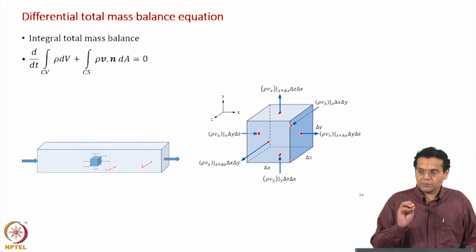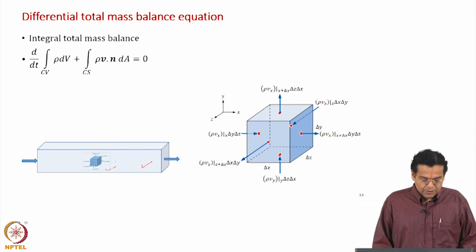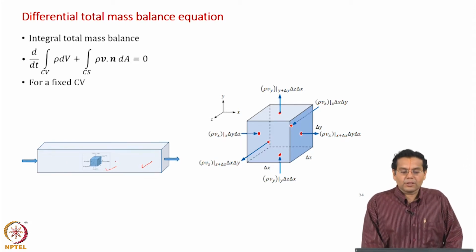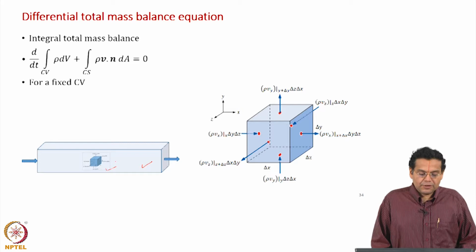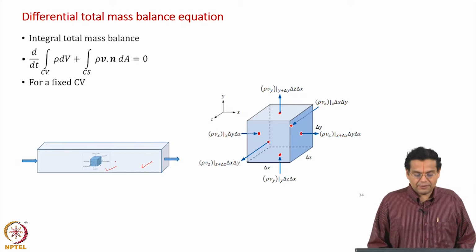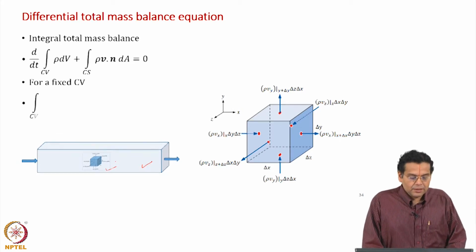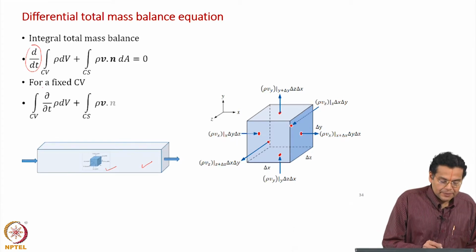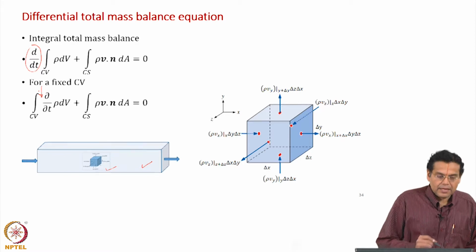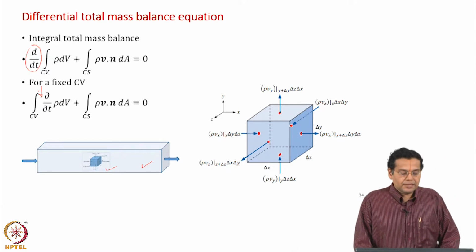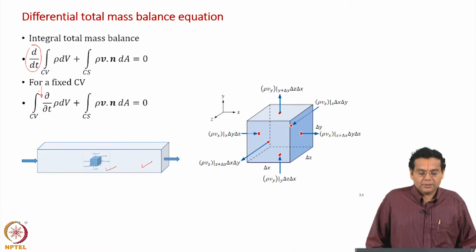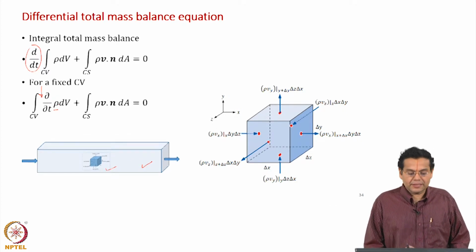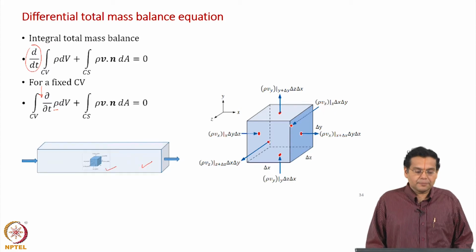Okay. So it is a small fixed control volume. So let us write this integral total mass balance equation for a fixed control volume. We have done this when we discussed the Reynolds transport theorem. So what do we do? We bring the differential sign d by dt inside the integral, and when we do that we express that in terms of a partial derivative, because now the density can be a function of spatial coordinates and time.